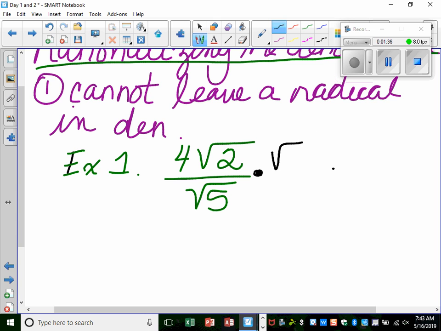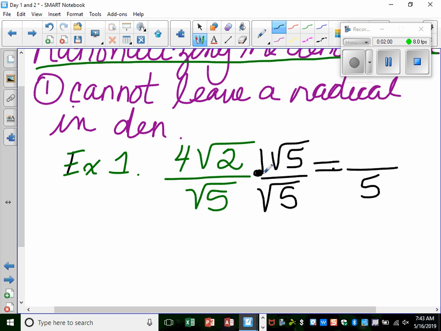And obviously, if you multiply the bottom, you have to do the same thing to the top, regardless. Now at the bottom, I'm going to have the square root of 25, which is 5, which is what I wanted, a rational number. And remember, you can only multiply radicands to radicands, outside numbers to outside numbers.